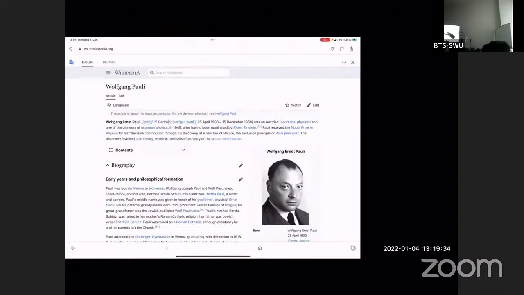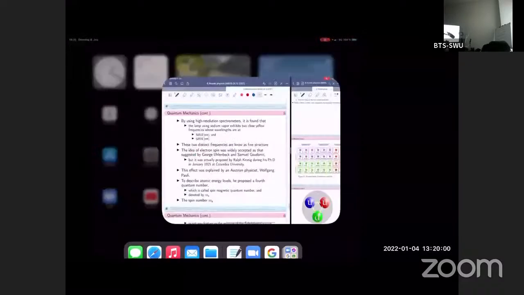He's an Austrian theoretical physicist. I mean, he's from Austria, and he is a pioneer of quantum physics. He also received the Nobel Prize because he gave the good explanation of the electron spin.